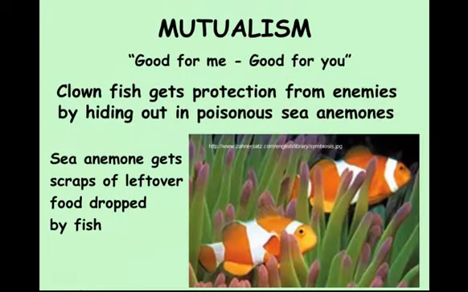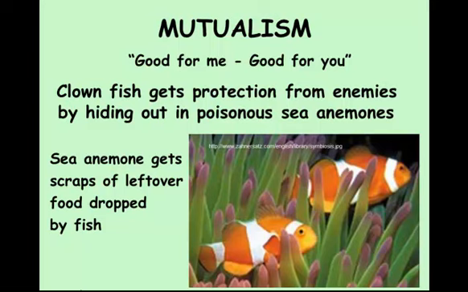Another example of mutualism is what we saw in the Finding Nemo movie. Remember in the movie, the safe place to go back to was the anemones. Clownfish get protection by hiding out in anemones. Anemones are poisonous. They have stinging cells that release poison, and other fish can't go in the anemones because they will be harmed by that.